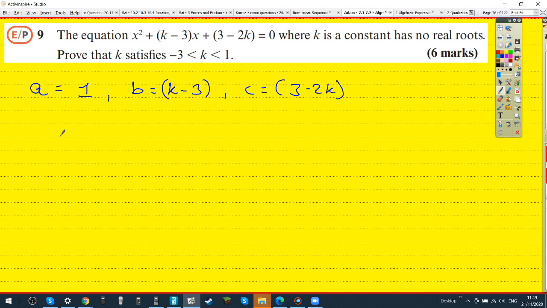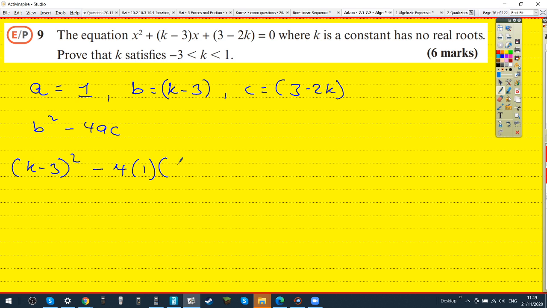And then you substitute them into b squared minus 4ac. Which gives you k minus 3 squared minus brackets 4 brackets 1 brackets 3 minus 2k.